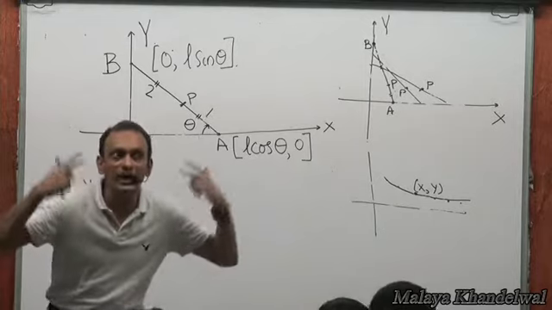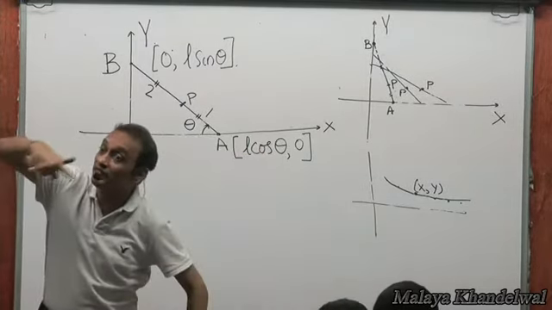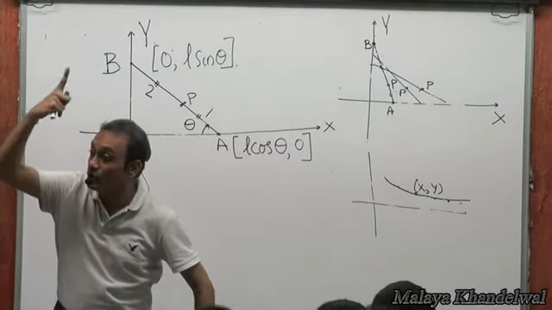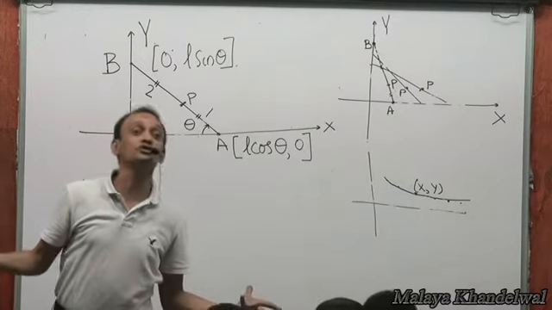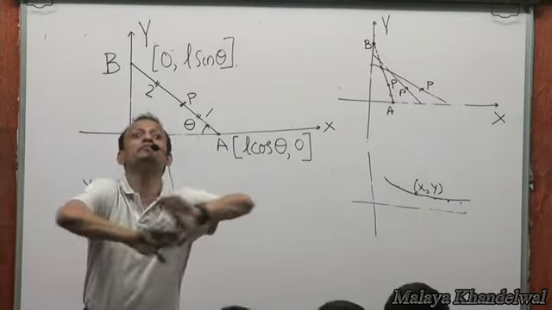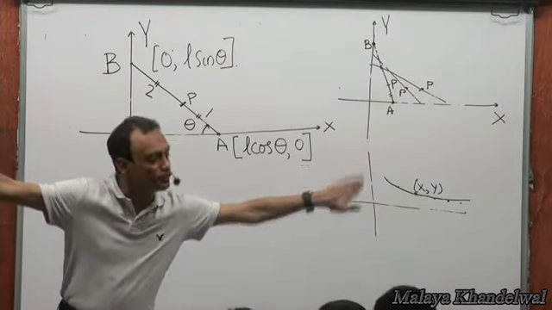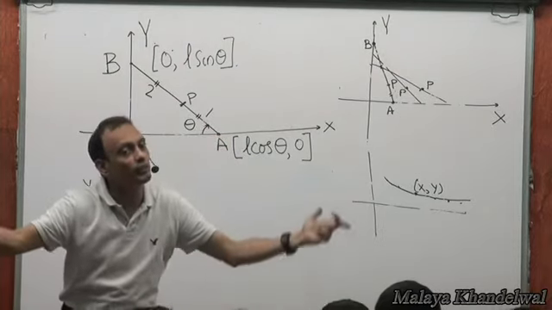The parameter will tell you different positions of the moving point, but I should have a relationship that does not depend on the specific position of the moving point. It should be true for all positions of the moving point. And therefore, we should keep that relationship deprived of the parameter no matter what. And that relationship would be referred to as the locus of the point P.